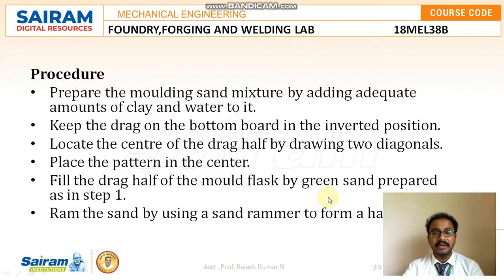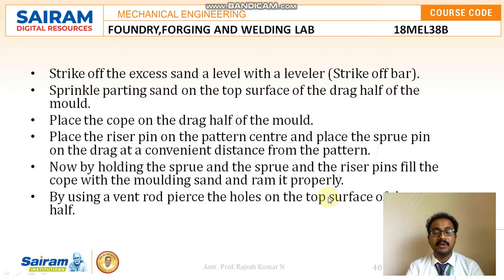Once it is done, we need to strike off the excess sand level with the leveler. As I said, this is also called the strike off part, where we can remove the excess. Or in case we still need a few more sand bits, with the help of the trowel we can level it up.